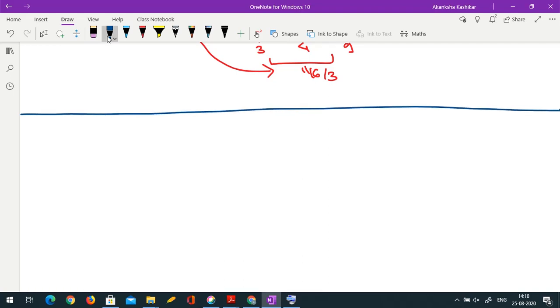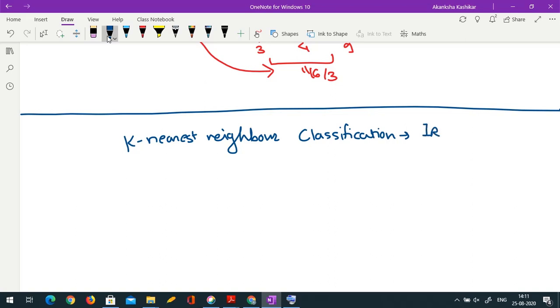Now your job is to try and write a code for this. Okay. So try and write code for k nearest neighbor classification. You can use the distance matrix command, dist command, that is fine. So k nearest neighbor classification. Perhaps you can try it on iris data, and then k nearest neighbor regression.